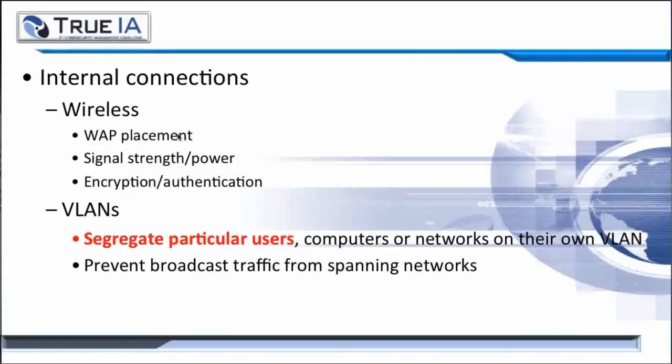HR should probably be segregated within itself between hiring practices and disciplinary. Accounting, you probably are going to want to VLAN accounts receivable and accounts payable. How many people are in each one of these organizational groups? This, again, is going to dictate how large those VLANs are, where you're going to draw your lines of segregation.